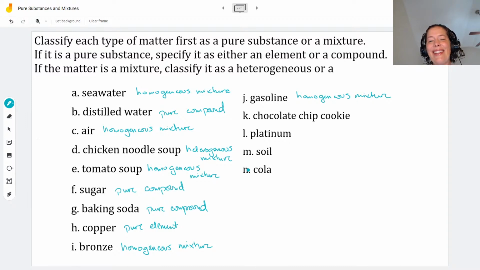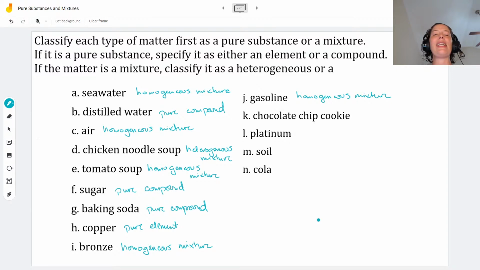K is a chocolate chip cookie. There are a lot of kitchen things here, and thinking about the cookies is making me a little bit hungry. Okay, so a chocolate chip cookie. Is this a pure substance or a mixture? If you've ever made chocolate chip cookies, you know that you put a lot of different ingredients into them.